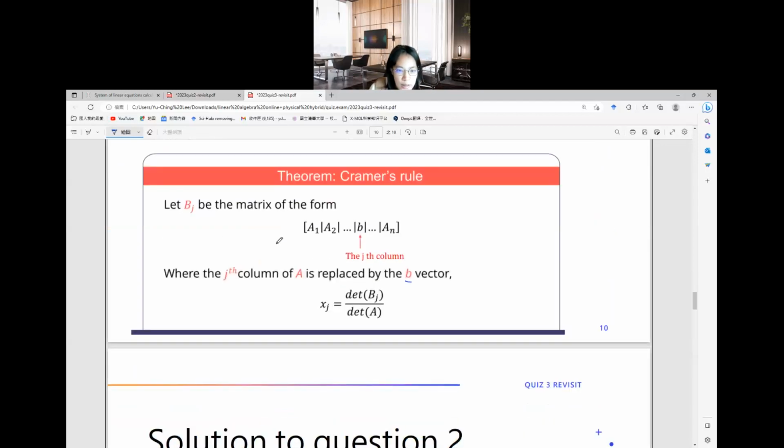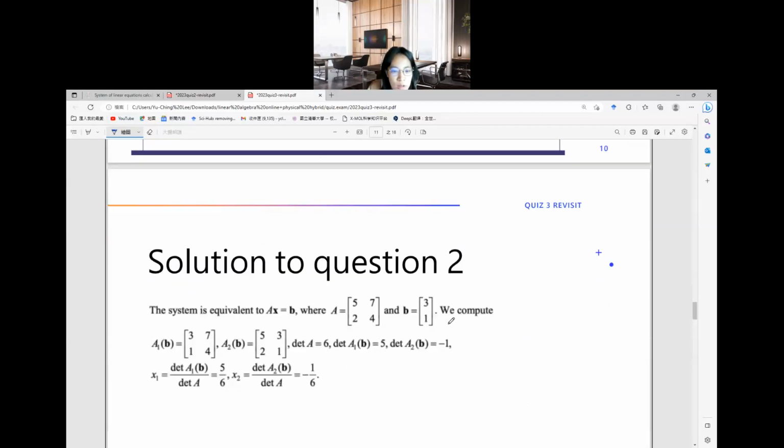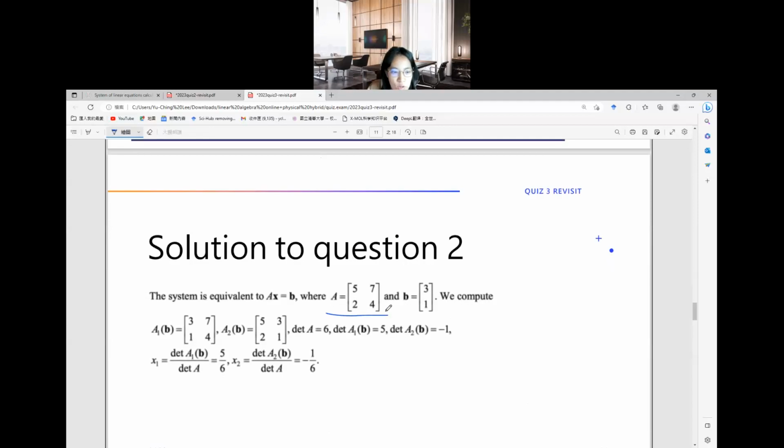And Cramer's rule says that I need to call B subscript j the matrix formed by replacing the j-th column of A by the b vector. Then xj can be computed as the determinant of the Bj matrix divided by the determinant of the A matrix.